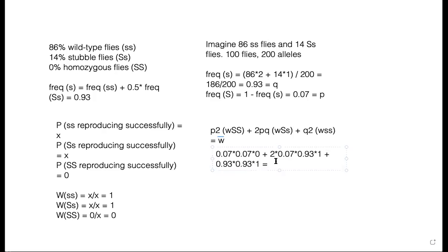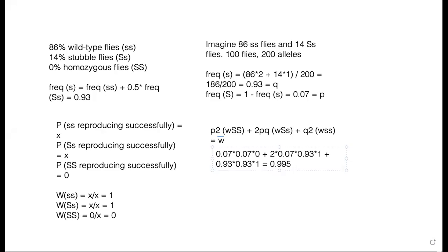Plug that all in and you should get, anybody got that for me real quick? It's 0.995. Okay, I see it now. Thank you, Michelle. I just saw the chat. That's W bar. That's our mean fitness for the population.